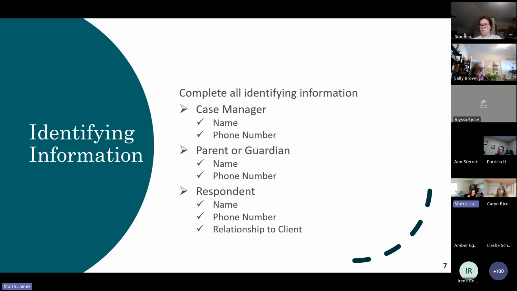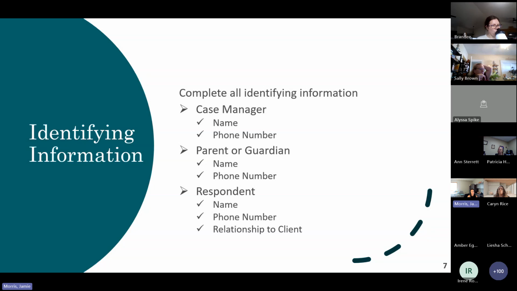This would be the site coordinator or the family support coordinator, excuse me. If this was being done up at SDDC, their case manager would be in here. So whoever is the person responsible to assist this individual in obtaining, coordinating, continuing, overseeing their services, that's the name and phone number that would be in that line.